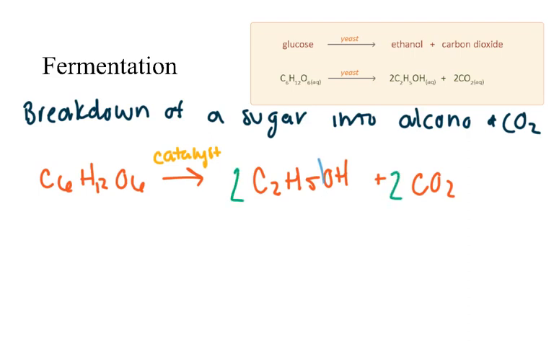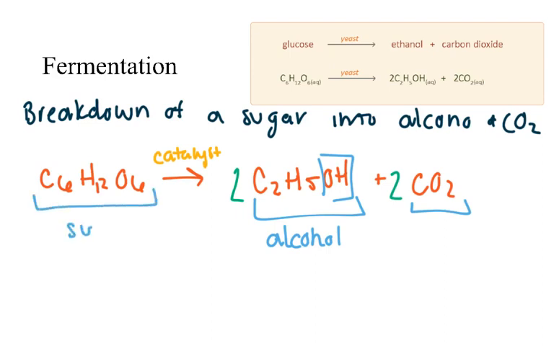This is our alcohol group. This is our carbon dioxide product, and this is our sugar. Right, so we can have different sugars reacting to form different alcohols, but we're always going to have some kind of an alcohol as our product, as well as carbon dioxide.